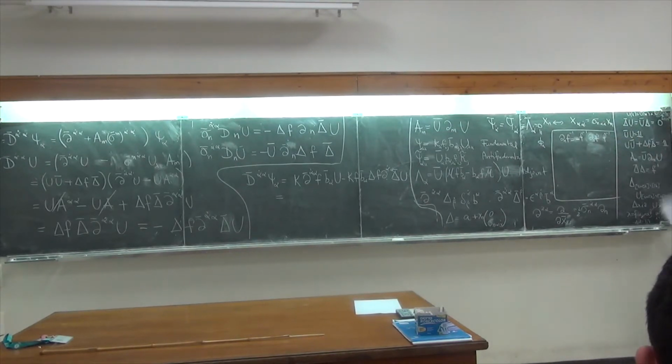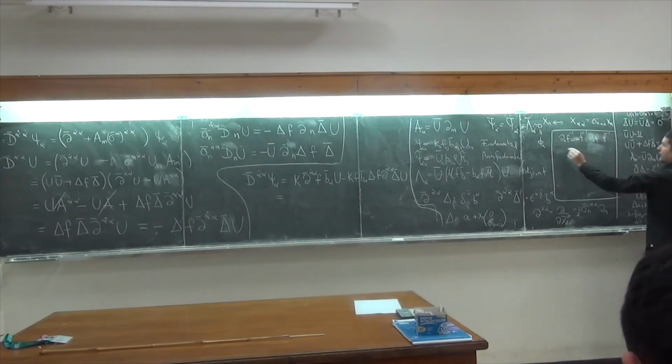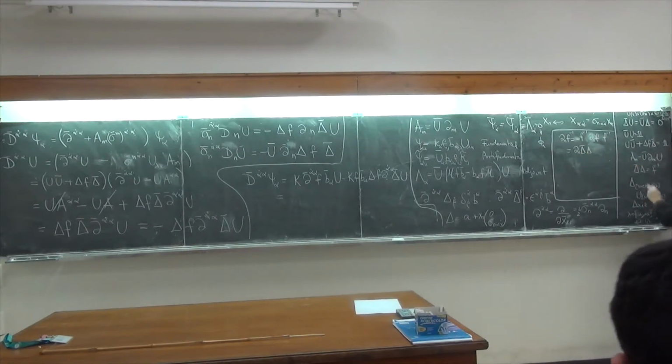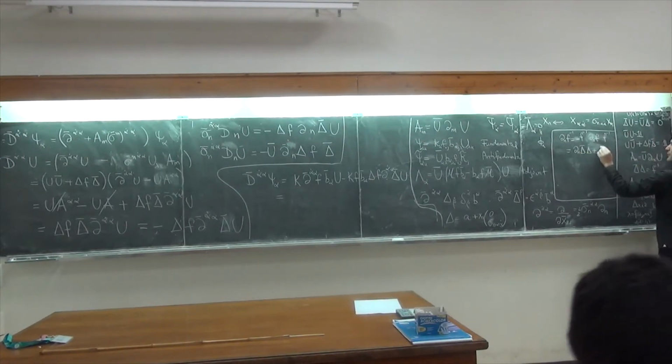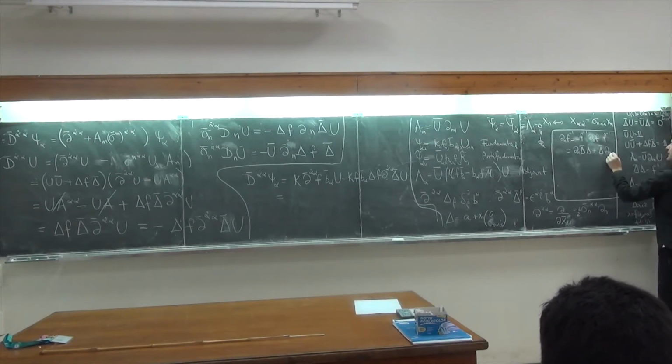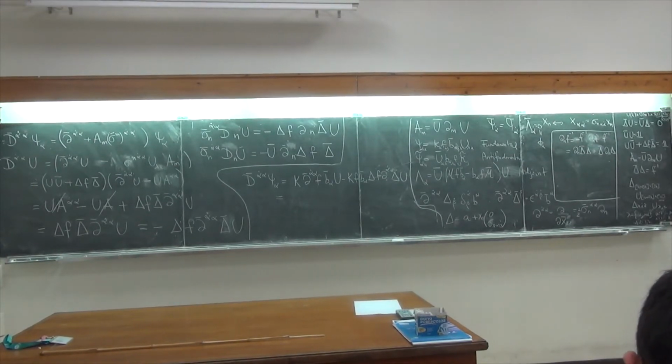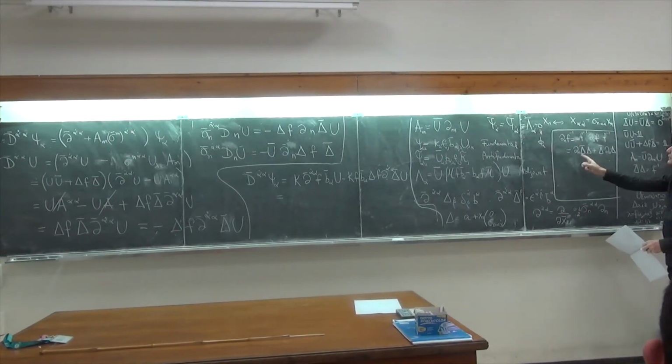Now, I also know that this derivative is dn delta bar delta plus delta bar dn. Now, notice that this is B.